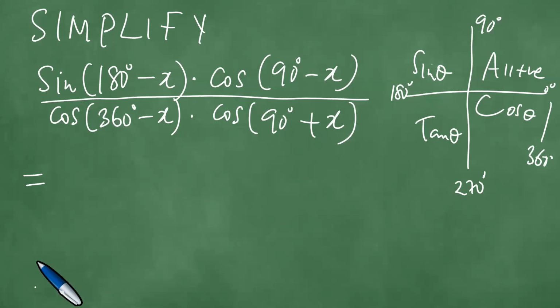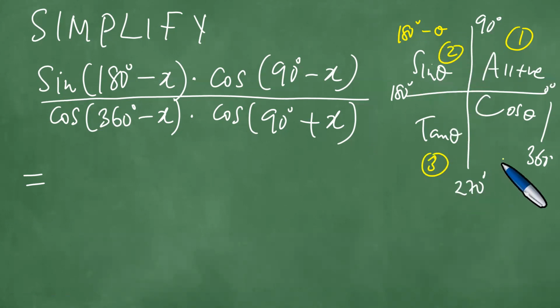So if you have 180 degrees minus theta, where is it in this quadrant, this is quadrant 1, 2, 3, 4. 180 minus is in that one. Simultaneously, if you have 90 plus, it's here. Here you have 90 degrees minus theta. Okay, now we continue.